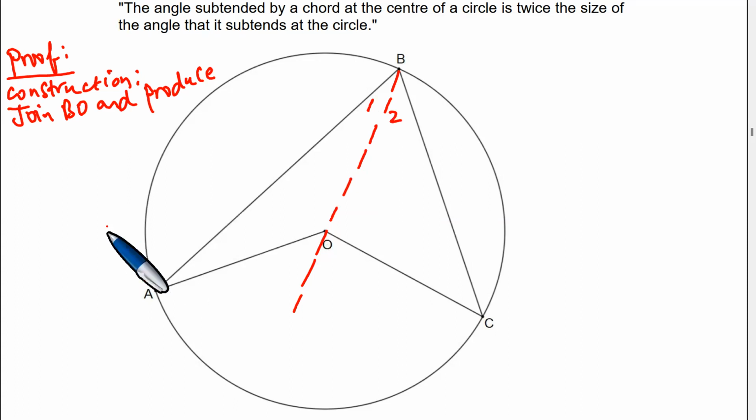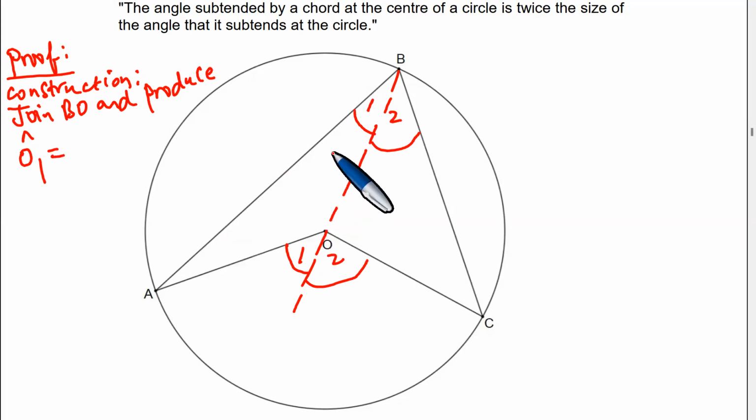So what are the points that need to be stated here? Even here, this one you can call O1 and this one you can call O2, such that this one is O1 and this one is O2, this one is B1, this one is B2. It means we can observe that angle O1 is equal to angle A plus angle B1.